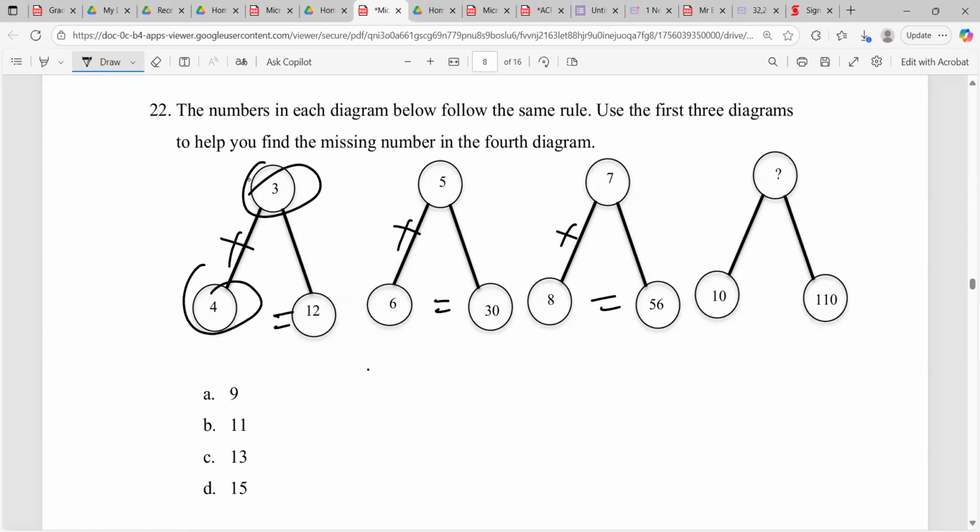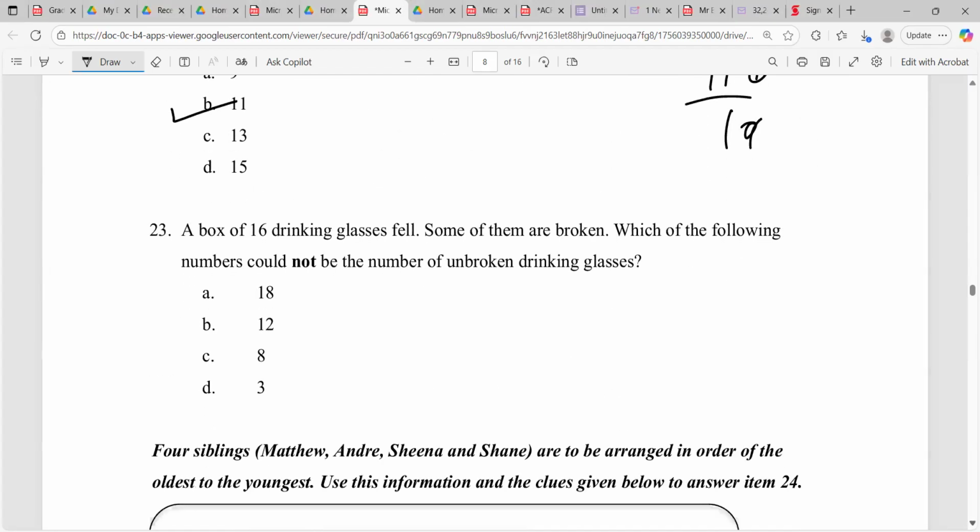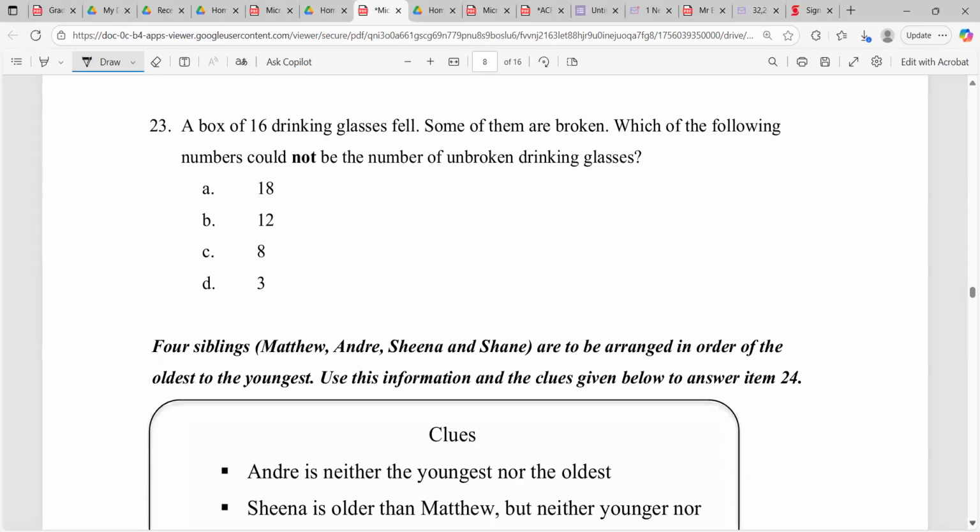So we need to know what number times 10 would give us 110. So we can just divide, right? And that is 11. That one wasn't bad at all. Usually those ones tend to be a bit difficult.